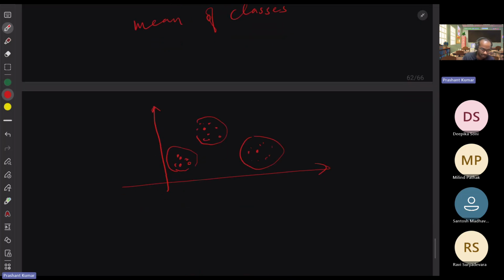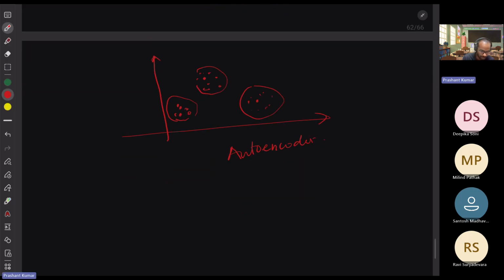Let's say you are doing autoencoder training, in which you have this input, two latent variables in the latent space, Z1 and Z2, and then you reconstruct your output.